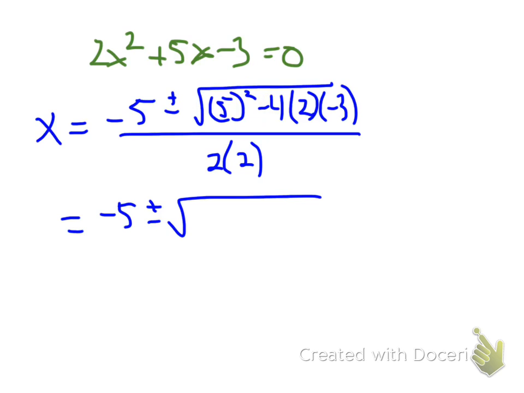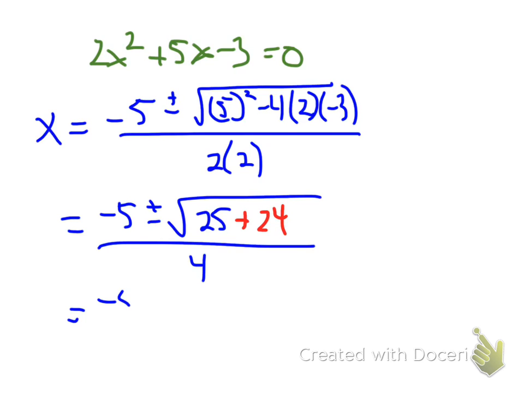My b squared is always going to be a positive, so that's 25. And then this number right here: I have a negative 4 times 2 times a negative 3. That is going to give me a positive, because two negatives make a positive, 24. All divided by 4.